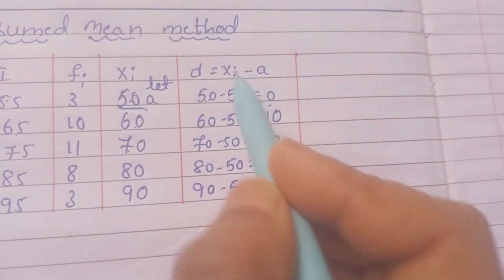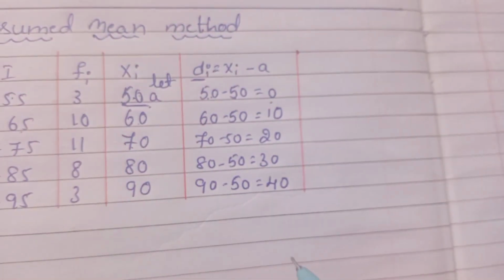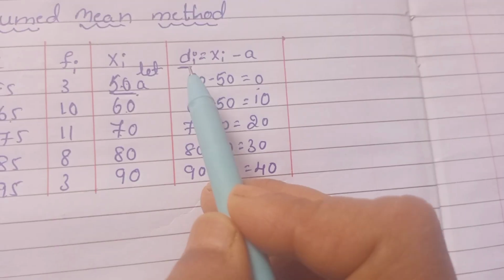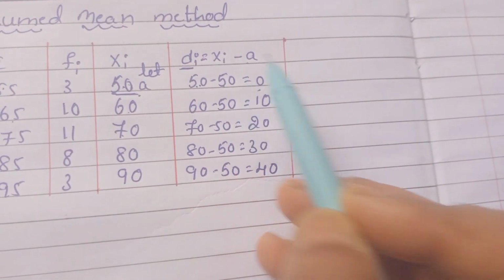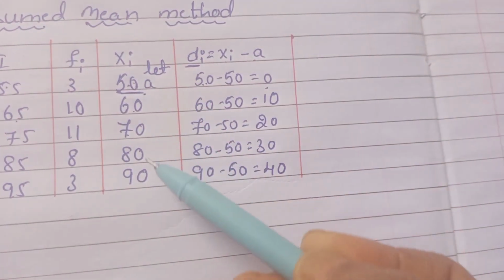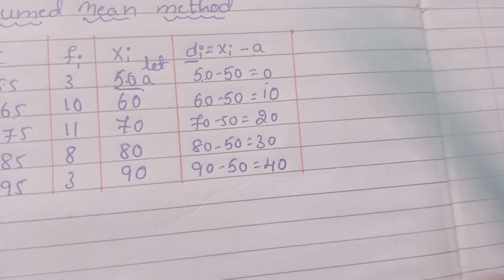D is the deviation, you can write di also. To find the deviation, xi minus a, where a is the assumed mean. You can take any one as your assumed mean. I am taking here 50.